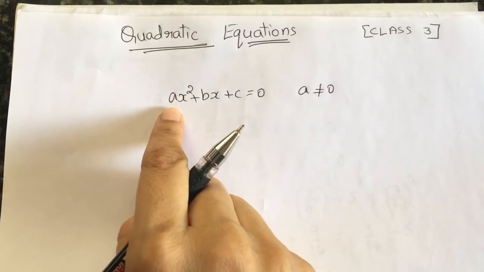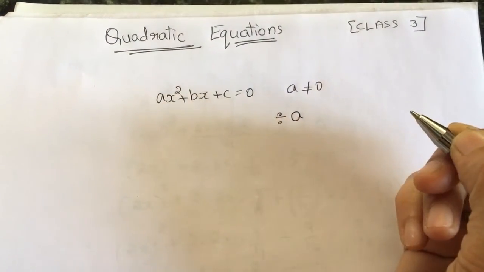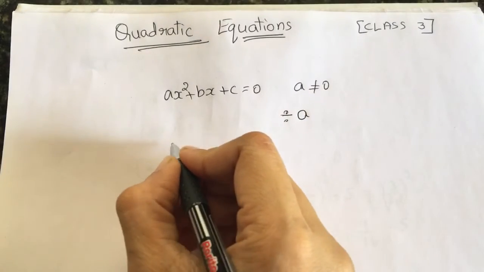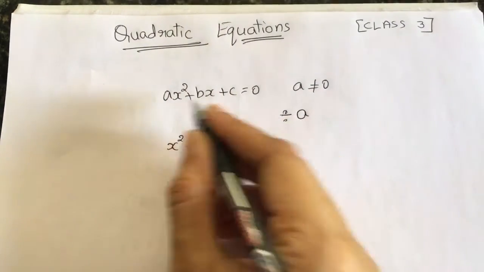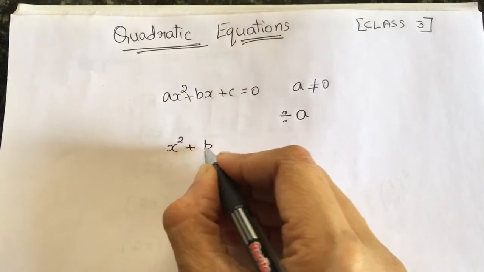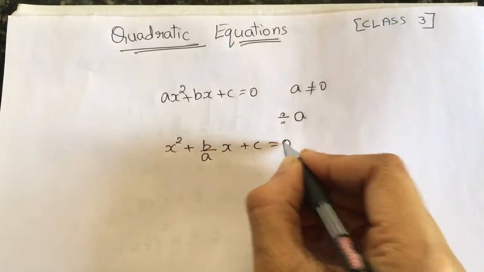Same thing I'm doing over here, divide the whole equation by a. So what will I get? ax square by a is x square, then b by a x plus c by a equal to 0.